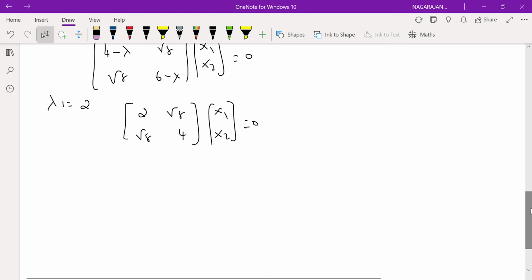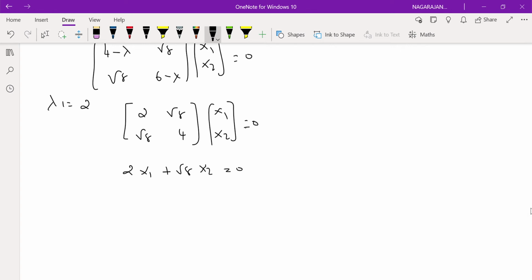So from this, 2 x1 plus square root of 8 x2 equal to 0, and square root of 8 x1 plus 4 x2 equal to 0. From this equation, square root of 8 x2 equal to minus 2 x1. So x2 equal to minus 2 by square root of 8 x1.